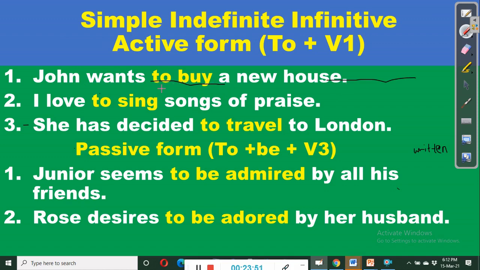To buy is the simple indefinite infinitive. And if we look at the to buy, you discover that it is functioning as a noun. Here again, if we analyze the sentence, we can find out the exact function that the infinitive is performing here. All right?